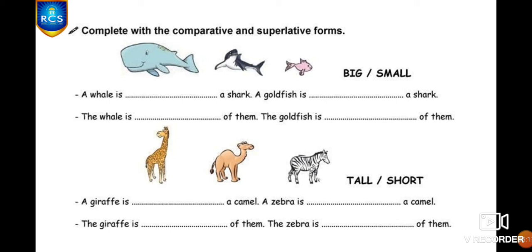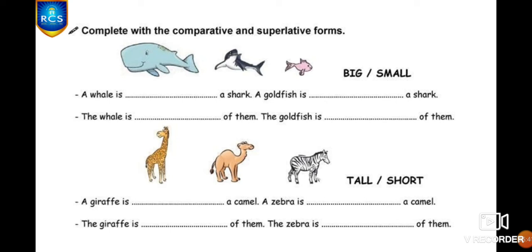A goldfish is dash a shark. A goldfish is smaller than a shark. And the whale is dash of them. The whale is biggest of them. The goldfish is dash of them. The goldfish is smallest of them. Now are you all clear, children?